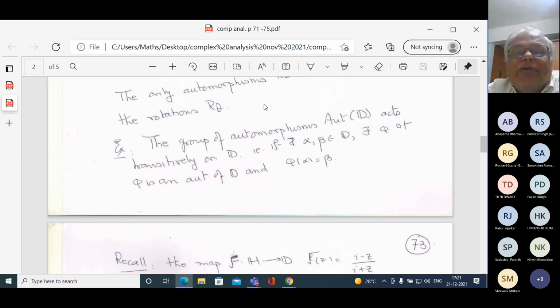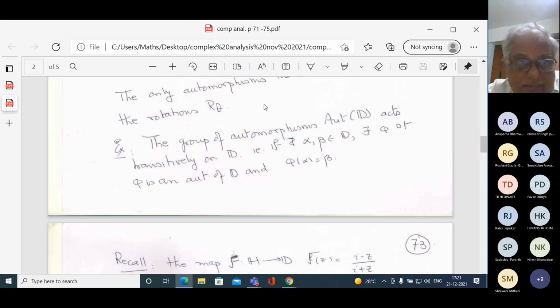So in fact, you should ask questions here about normal subgroups, quotient groups, etc. So the group of automorphisms acts transitively on the disk. As I said, this is very much in the spirit of the kind of things that you have been doing in the algebra course that is going on simultaneously.